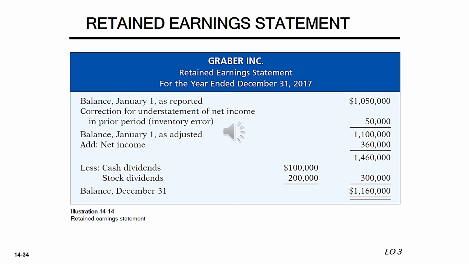So we're going to subtract those. These are 100,000 and 200,000, so we're going to add them together. We get 300,000 that we need to subtract from our balance so far. And based on that, we're going to have an ending balance as of December 31st of 1,160,000 for the retained earnings of Grabber Incorporation.